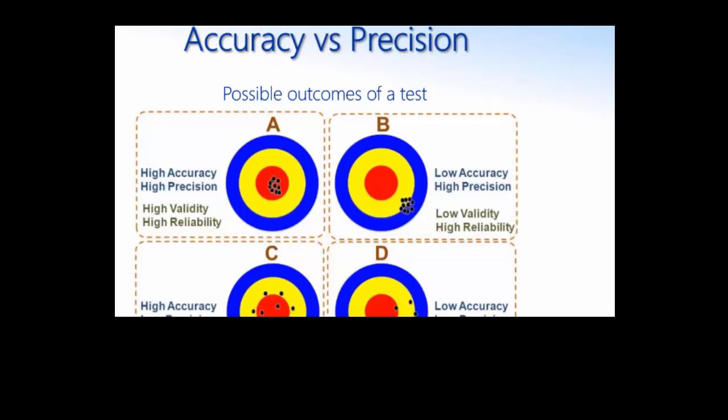In quadrant A, we have results where all our outcomes are in the middle of the target. So in this case, we will have high accuracy and high precision of the results achieved by this diagnostic test.